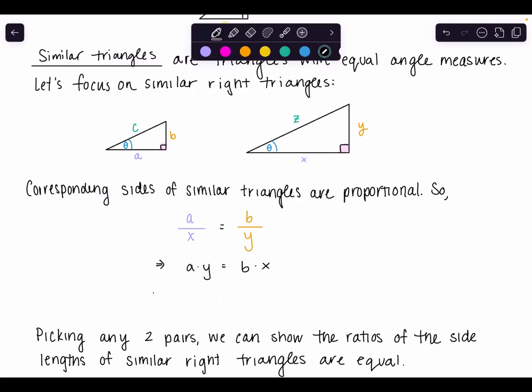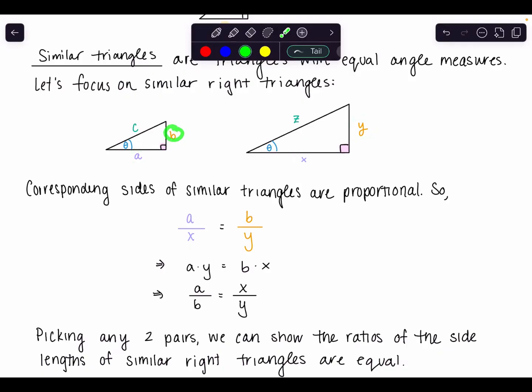So really rearranging it one more time gives me A over B is exactly the same thing as X over Y. Okay. A and B now come from the same triangle. And when I scale up that triangle, the ratio X over Y is exactly the same thing. So really, you can do this a ton of different ways, but the ratio A divided by B will be exactly the same thing as X divided by Y.